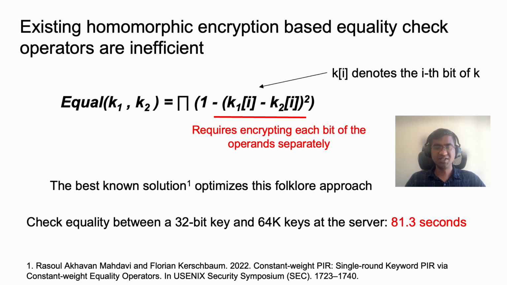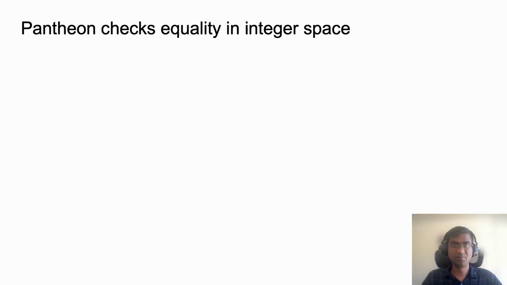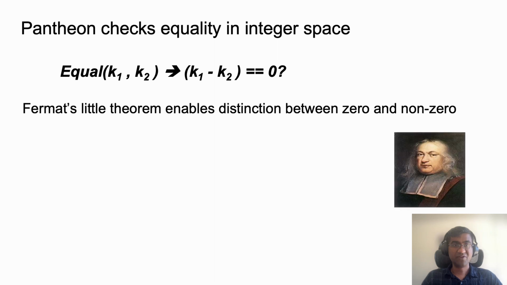Pantheon addresses this issue by adopting a new homomorphic equality operator that operates in integer space. Essentially, checking the equality between two keys K1 and K2 implies checking whether their difference is 0 or not. And Fermat's Little theorem, which came up around 400 years ago, helps us to do this check in integer space.